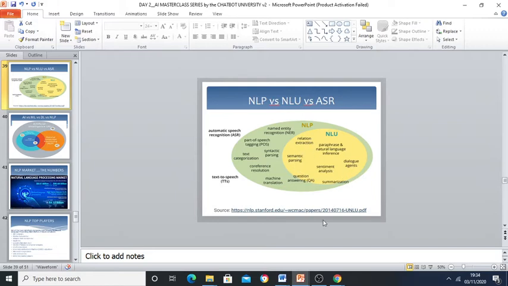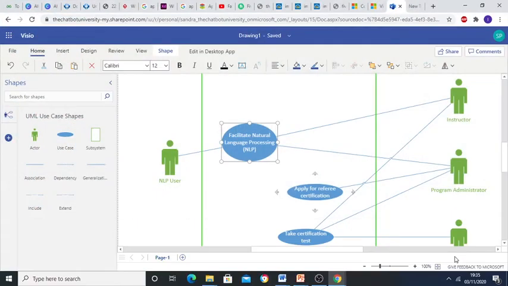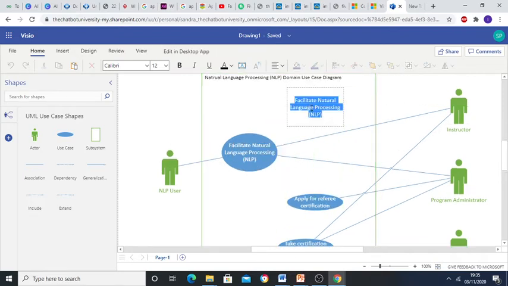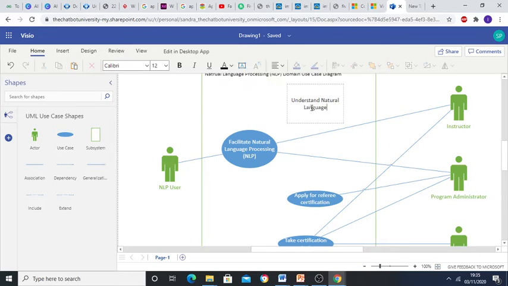So we'll come to that, but let's attempt to finish our use case diagram. So what do I really mean by all of that? Well, let me explain. So I have made a copy of this, and what I'm trying to say is, as part of natural language processing, we must understand natural language.